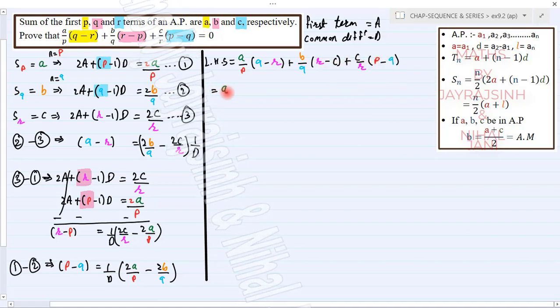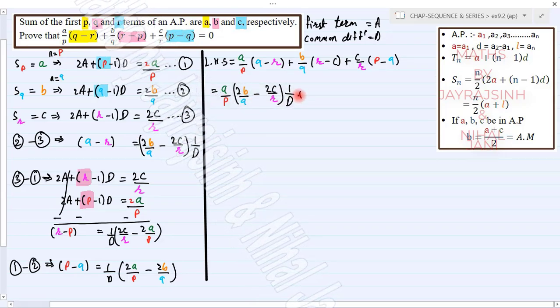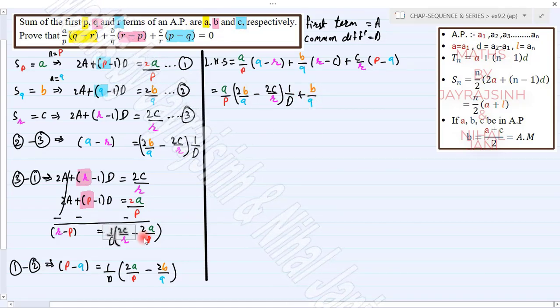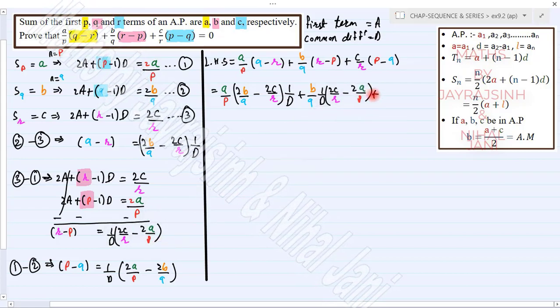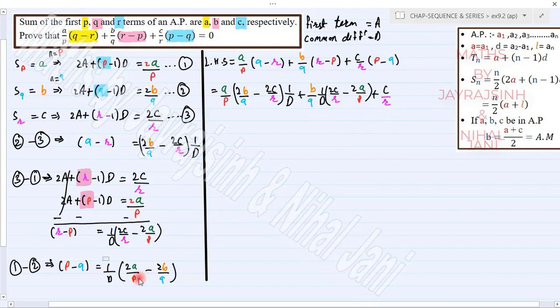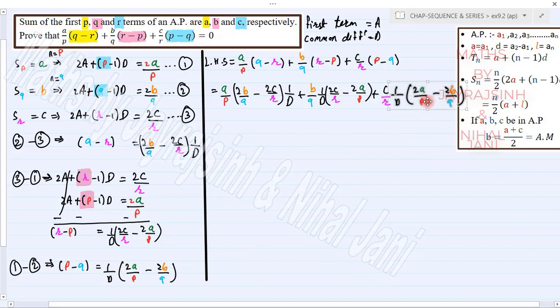So in the first term, a by p will be as it is and we get the value of q minus r. Similarly, b by q will be as it is and we already obtained the value of r minus p. And in the third term, c by r will be as it is and we have the value of p minus q.